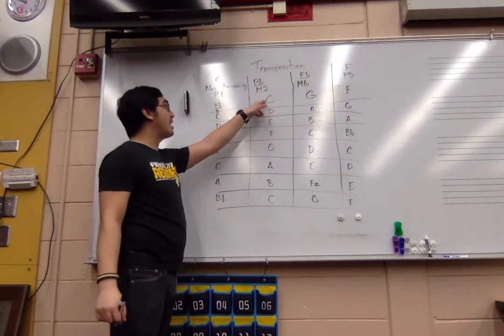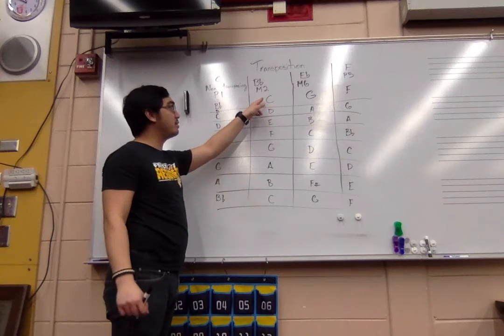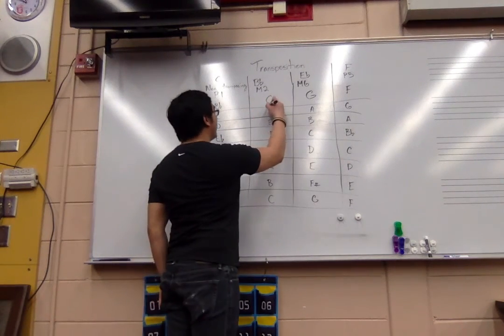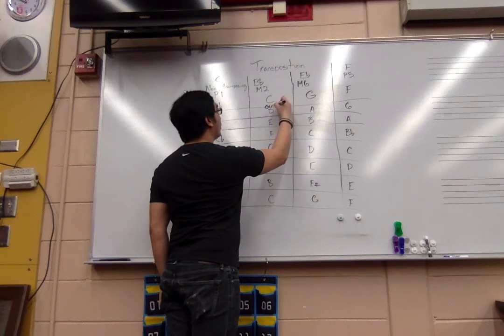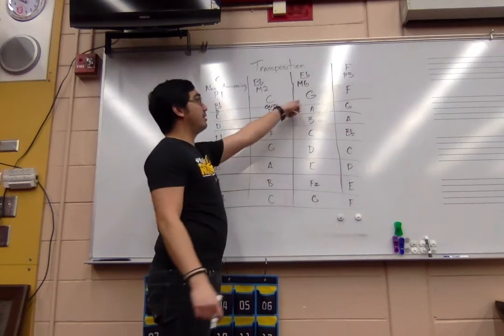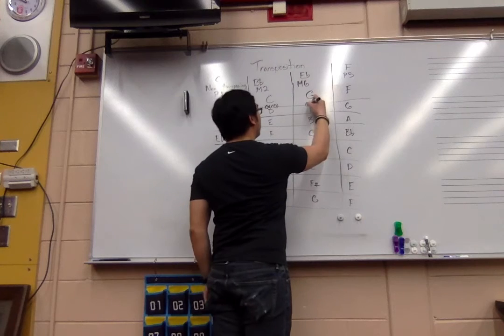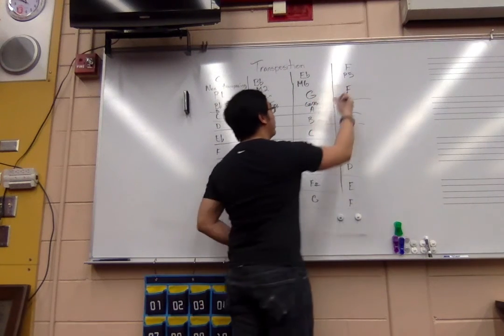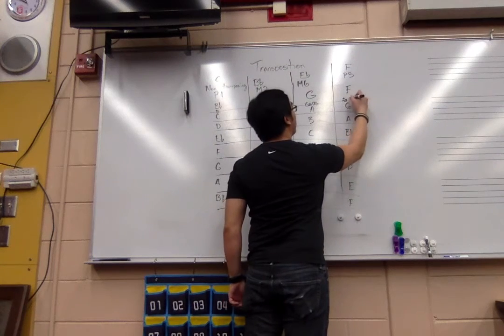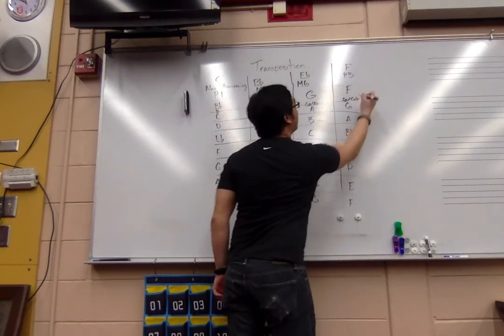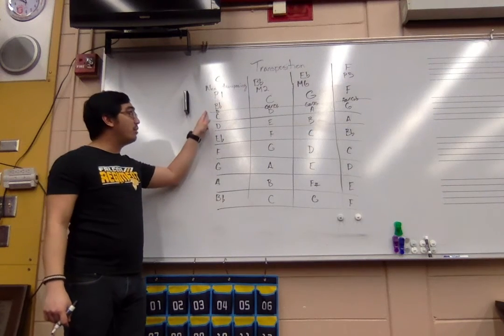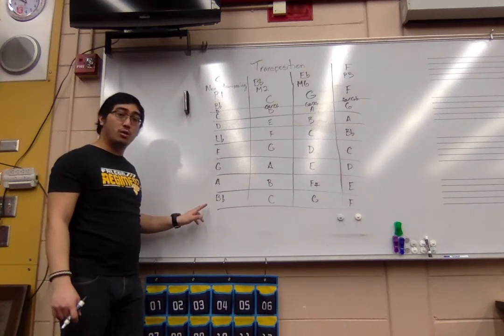Concert B natural has to be between C and D, which means that this is C sharp or D flat. This is G sharp and A flat. And this is F sharp and G flat. Same thing here. You just have to add all the notes that are in between your whole steps.